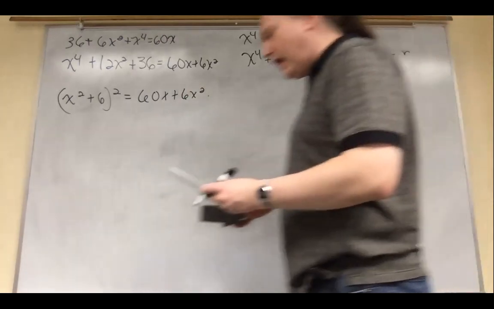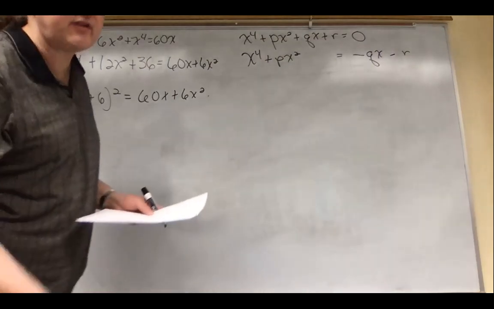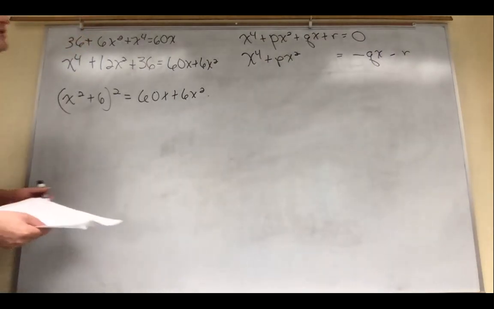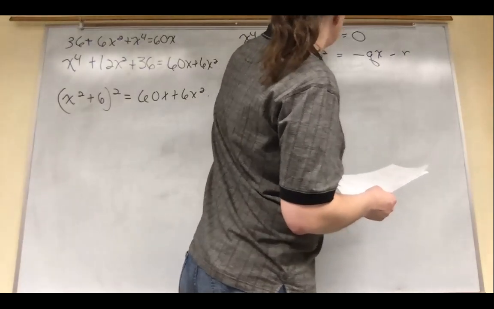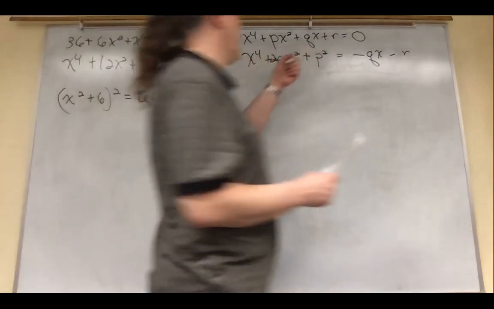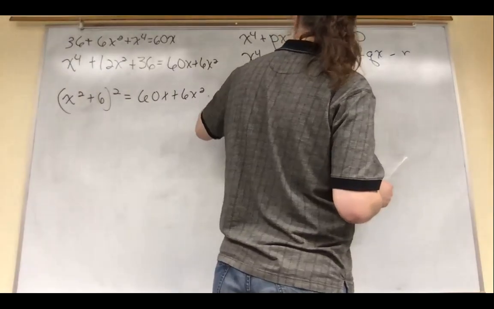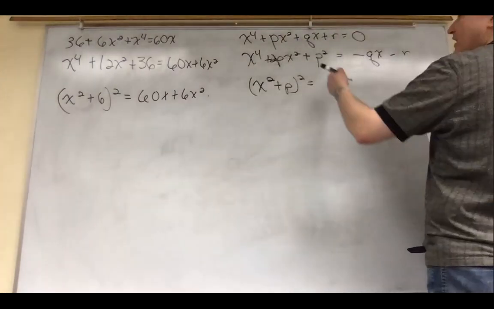Great. And we want to make the left side a perfect square. There's several of them we could make, but the one we will choose is 2px squared plus p squared. I hope you see that this will then factor as x squared plus p whole thing squared. The right-hand side, well, what did I do?